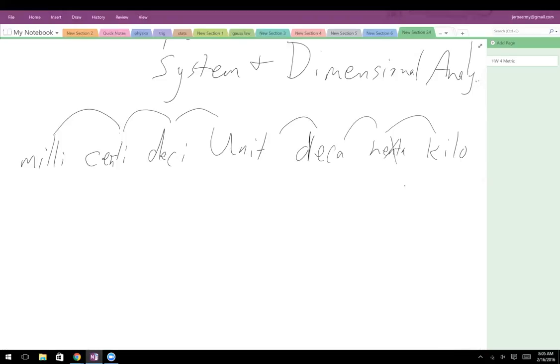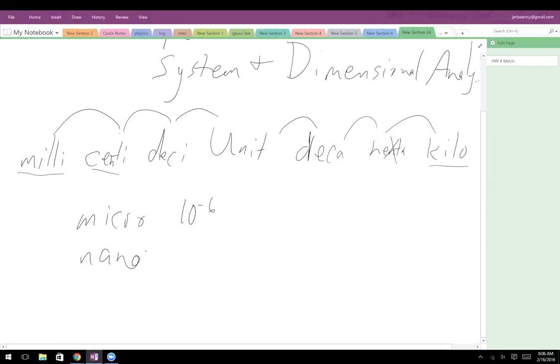If you take a bunch of science courses, the ones that get used in science are the milli, the centi, the kilo, and then all the multiples of 3 after that. So we won't do them in this class, but micro is 6 places to the left.